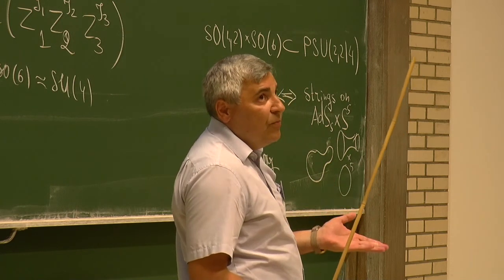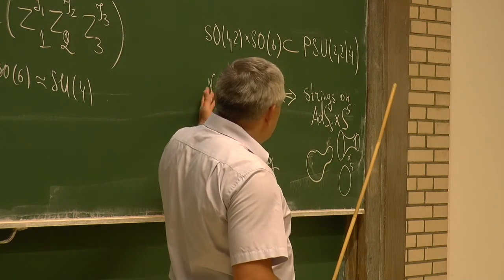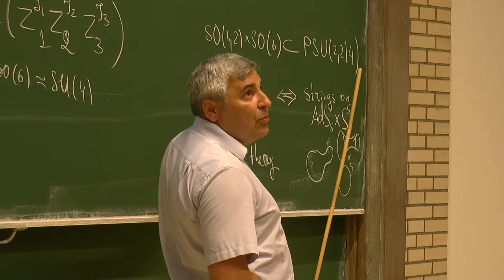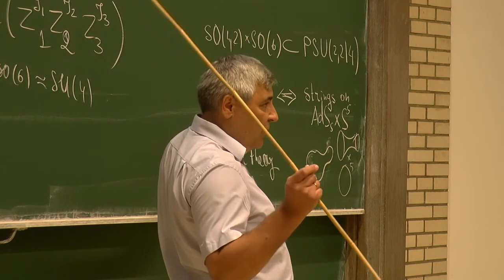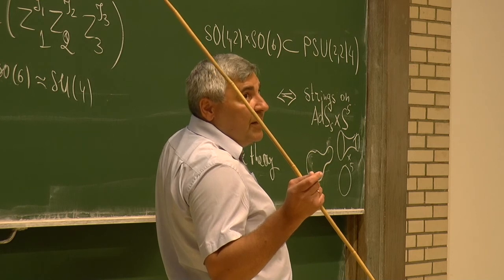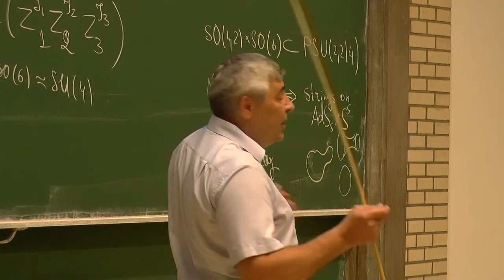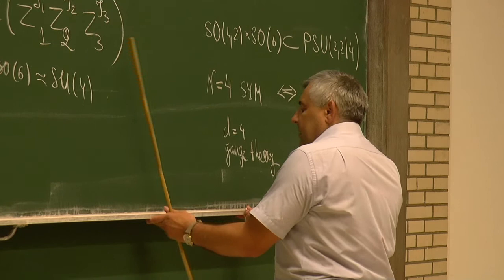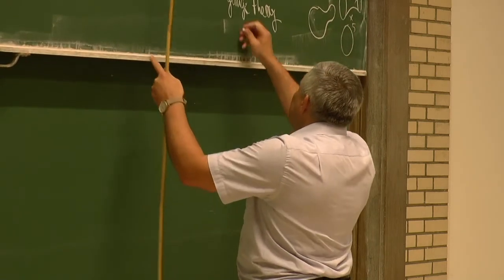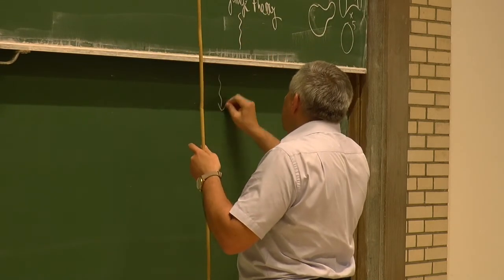I can just say that the quantity I'm interested in, in N=4 SYM, which I'm computing, is the spectrum of primary operators, those which we just discussed. Let it be gauge theory, primary operators.